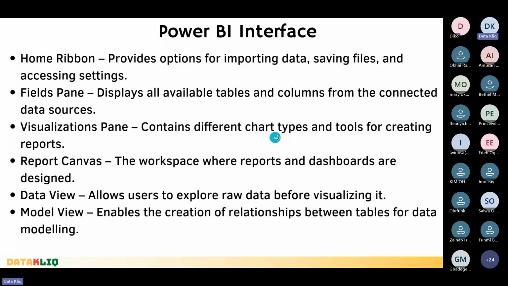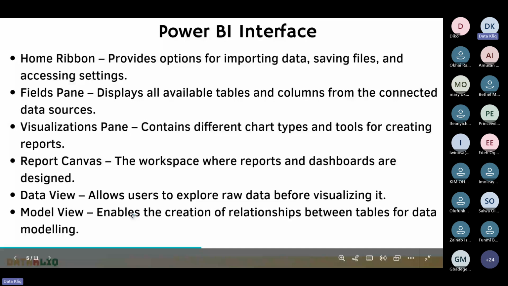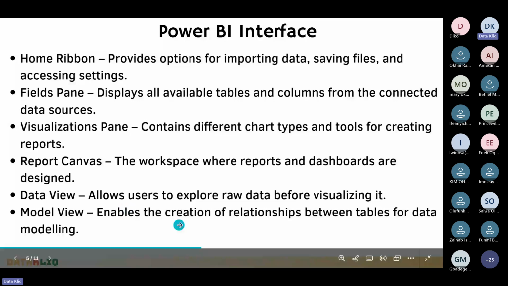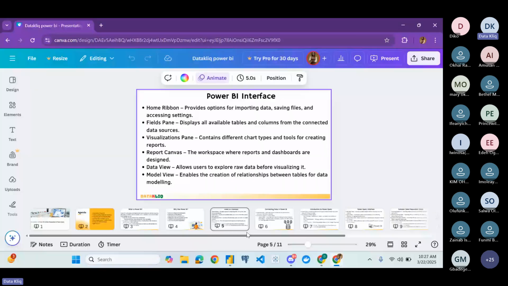We have the report canvas, which is the main empty space, the workspace where reports and dashboards are designed. We have the data view, which allows users to explore raw data before visualizing. And we also have the model view, where we do our data modeling to create relationships between entities. It enables the creation of relationships between tables for data modeling. So let's see these places once again.